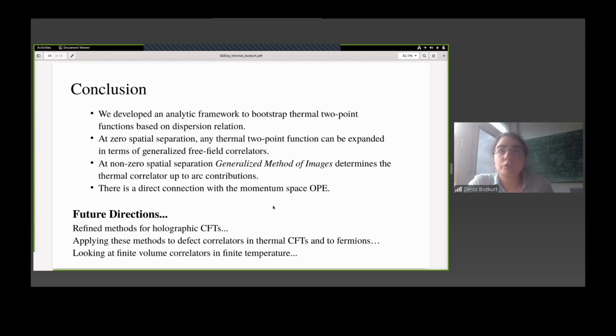Another direction is to do this when there are defects in the thermal cylinder. Of course, we also want to do this for fermion two-point functions. And on top of finite temperature, we should also add finite volume and try to develop an analytic framework also in finite volume.